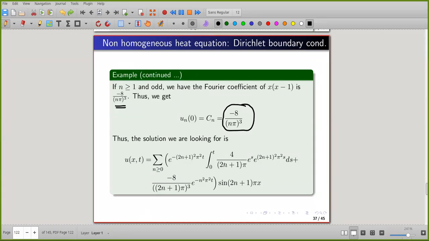Therefore, the solution we are looking for is here. There is n greater than or equal to 1, and only odd terms appear because there's 2n plus 1 over here, and 2n plus 1 pi. You can verify the details later, but the point is that you should have understood the main steps.